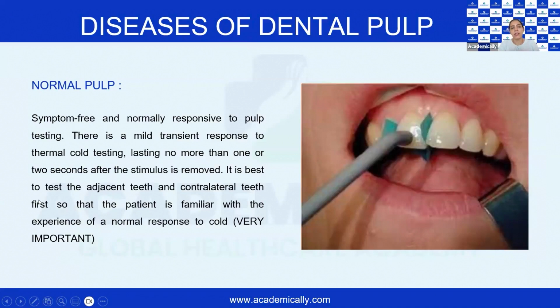It is best to test the adjacent teeth and contralateral teeth first, so that the patient is familiar with what is normal, and the patient should not be foretold. Because when you are foretelling much of the information, you are failing the EPT or any test.